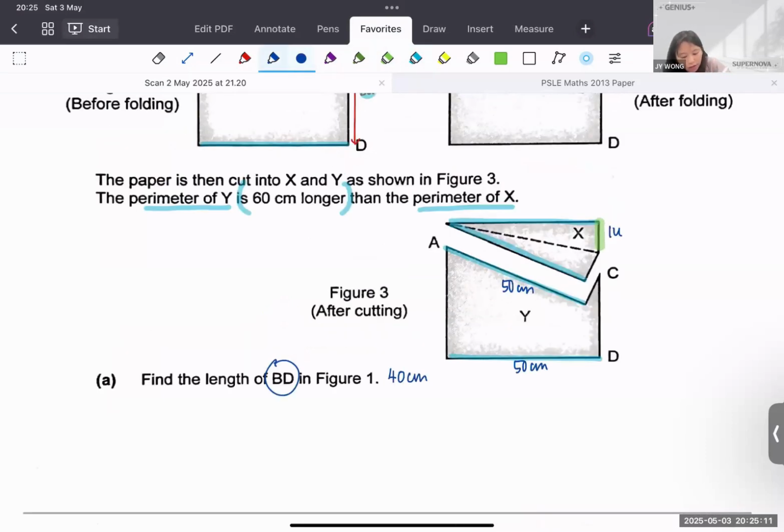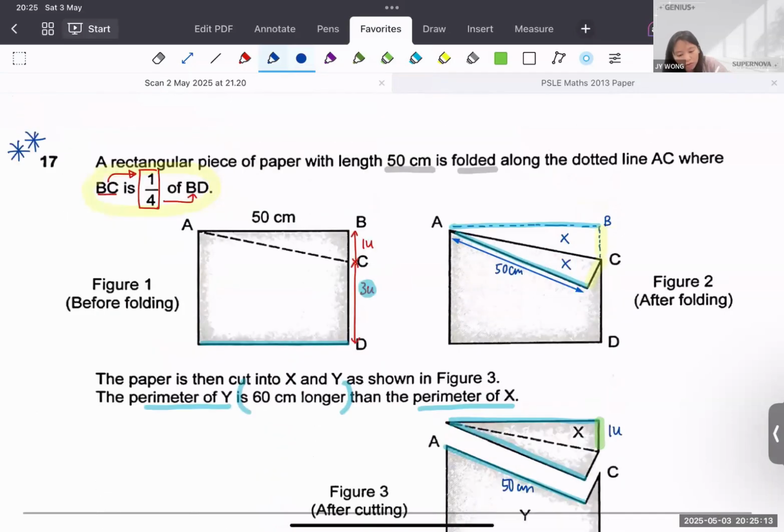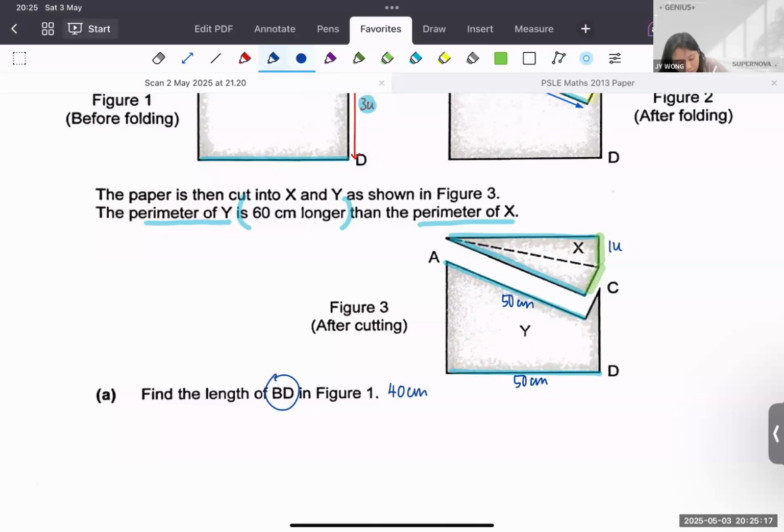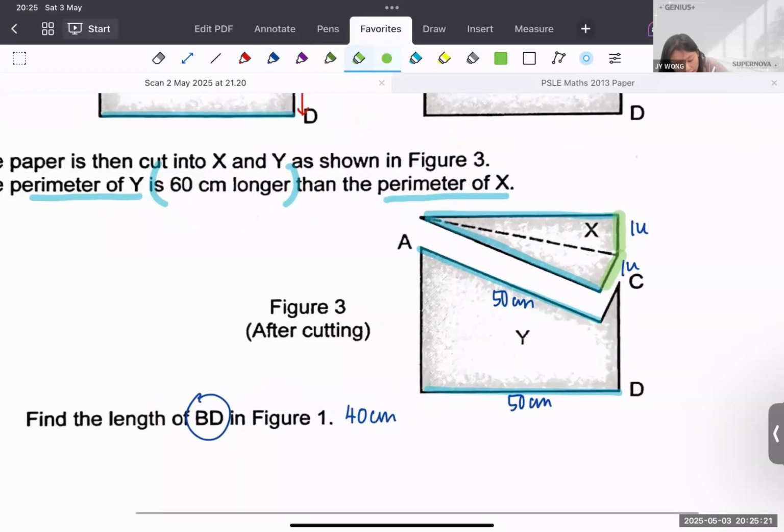Can you see from the diagram? This folded part is 1 unit. So the other folded part here is the exact mirror image. So this is 1 unit. Then in your figure Y, this will also be 1 unit, because it's exactly the same. This is 1U also. As for CD, we already found it just now. What is CD?